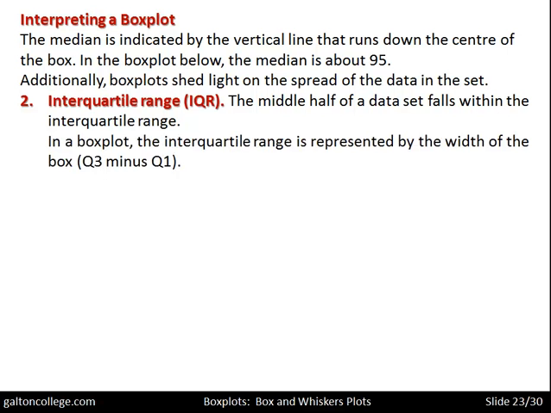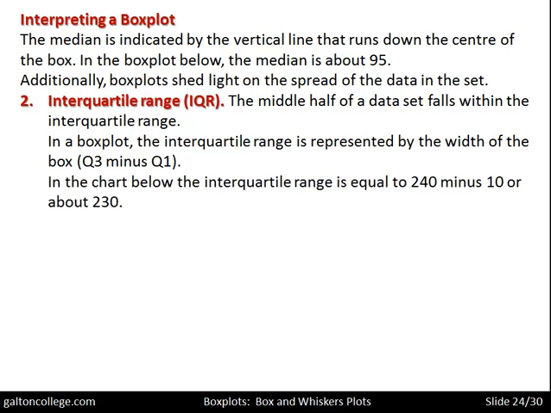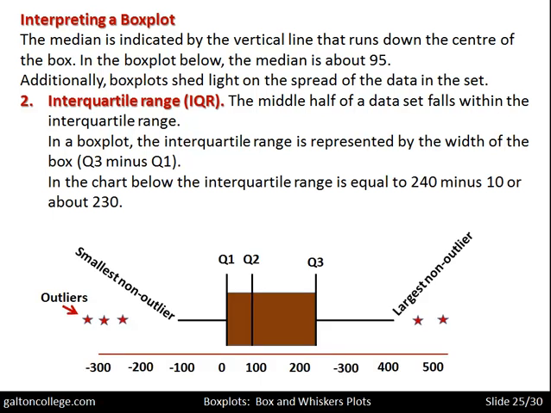In a box plot, the interquartile range is represented by the width of the box. In other words, Q3 minus Q1. The third quartile minus the first quartile. Now, in the chart we're coming to, that's this chart.